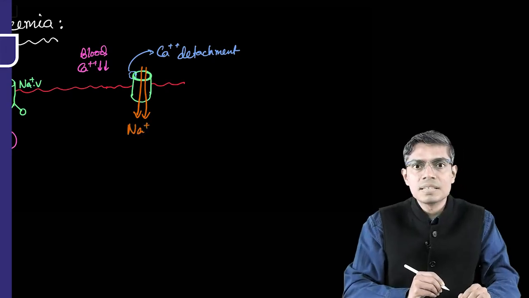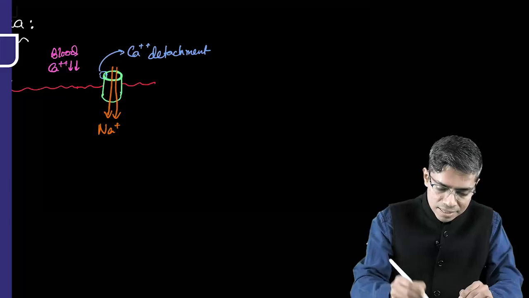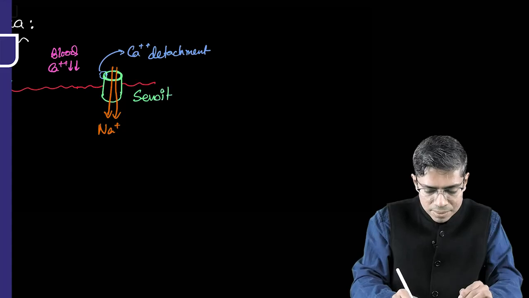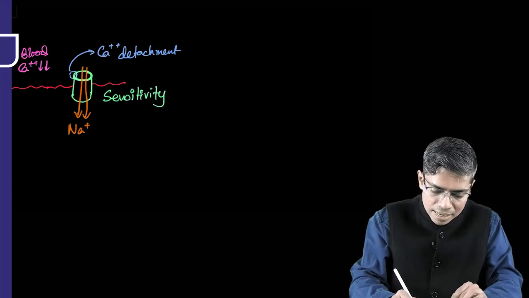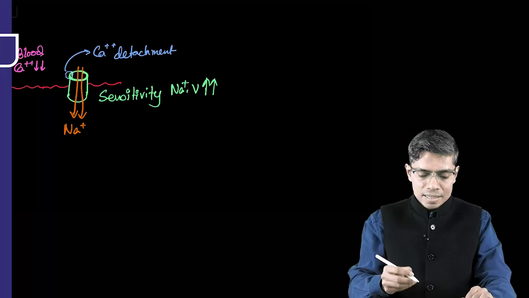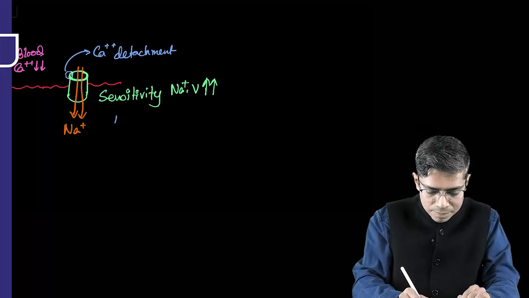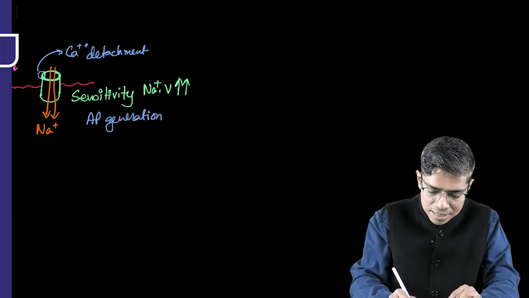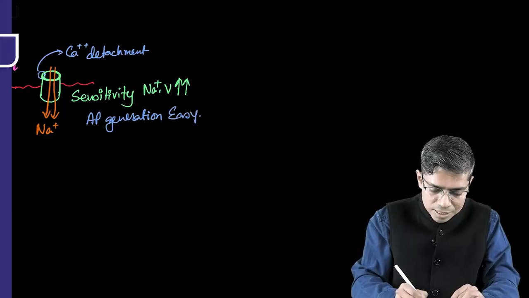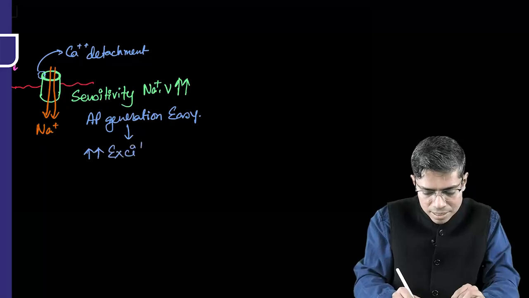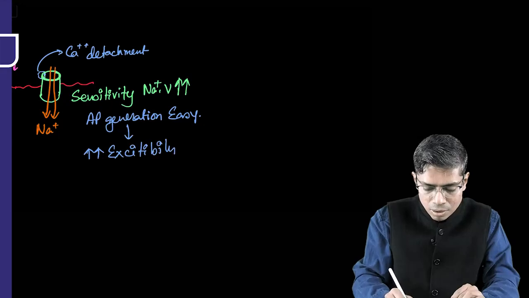Because of this easier sodium entry, I can say that the sensitivity of this NaV will be increased, and because of the increase in sensitivity, the action potential generation will be easier, and that will lead to increased excitability of the neuronal membrane.